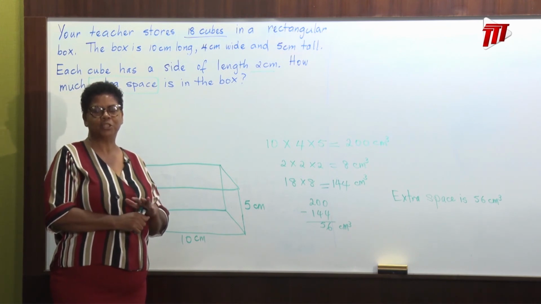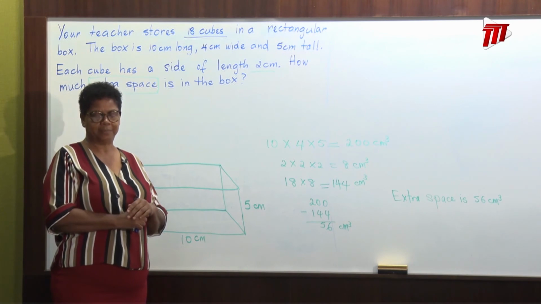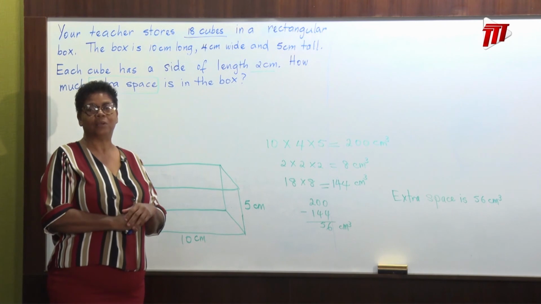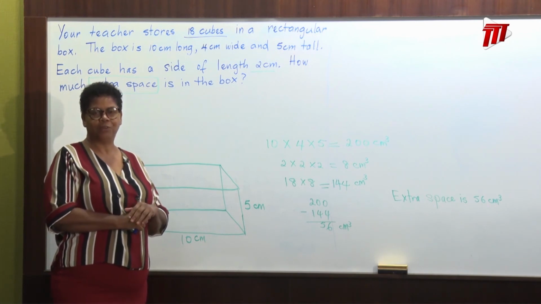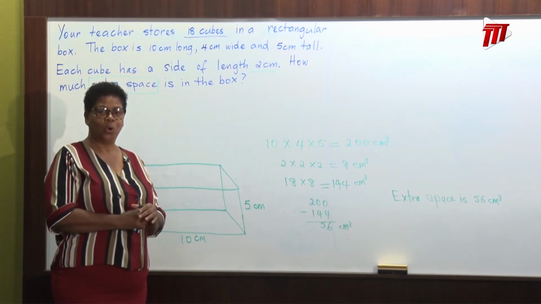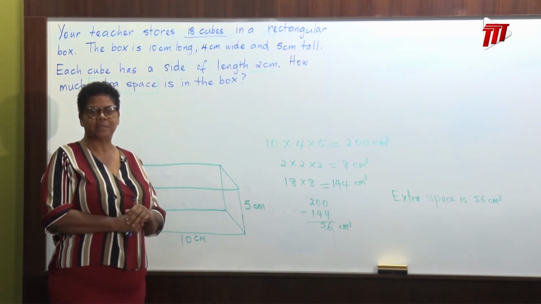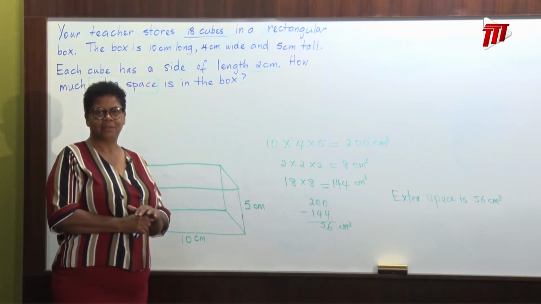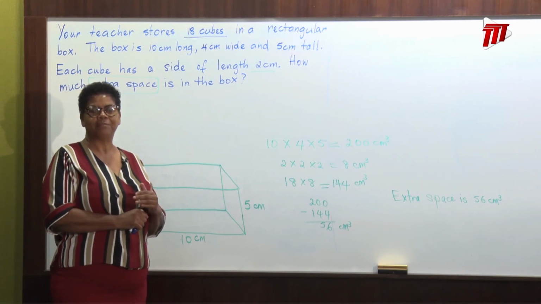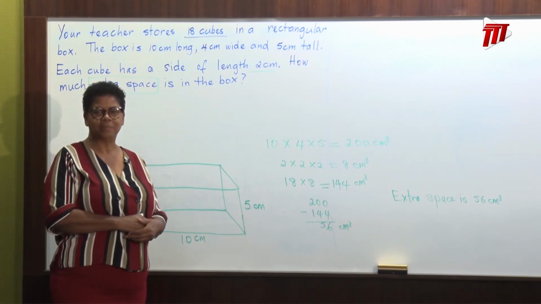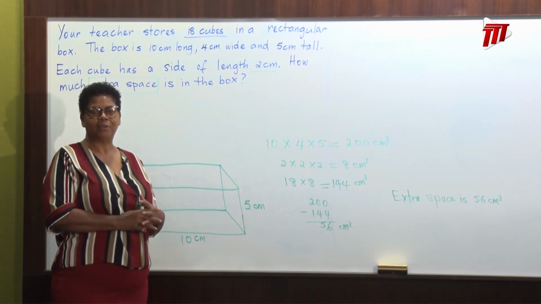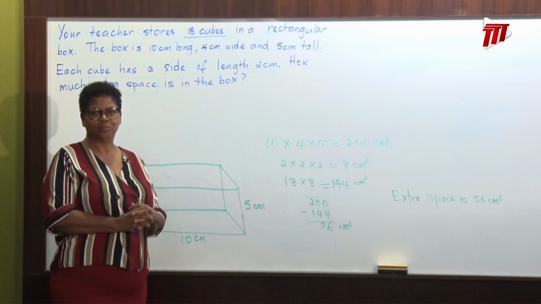That's the relationship between volume and capacity. We have also found out that our formula for finding volume is length multiplied by breadth multiplied by height, or area of the base multiplied by the height. The final thing that we found out was that we can find one of the missing dimensions, such as the height, if we divide the area of our base into our volume.